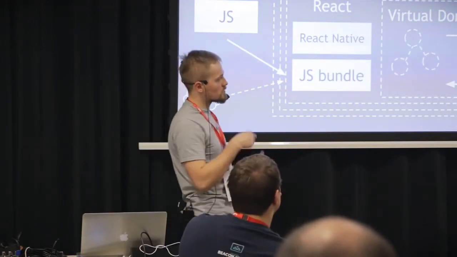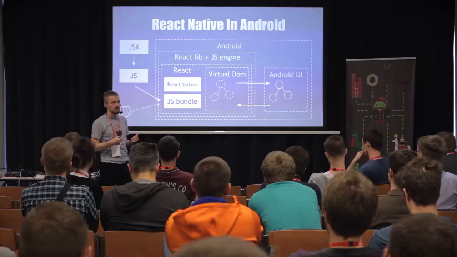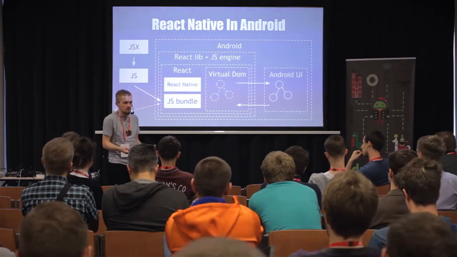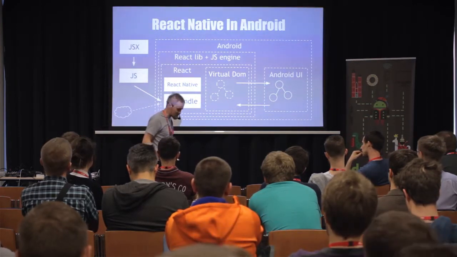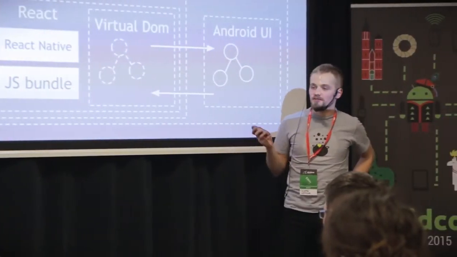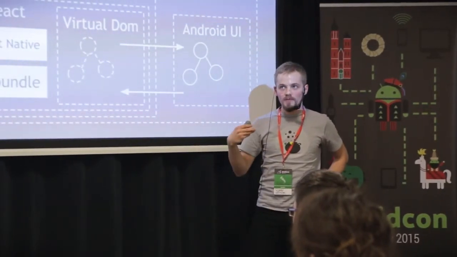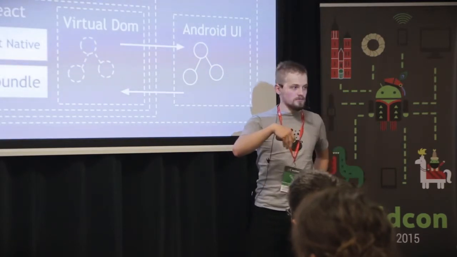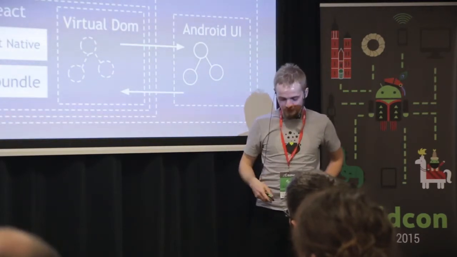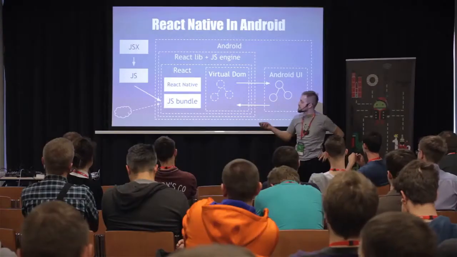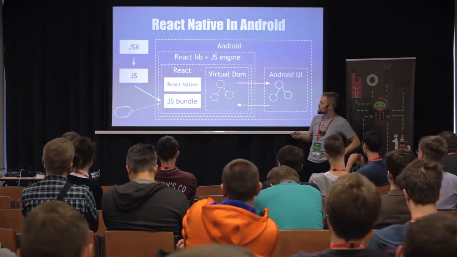In that case, we can start A/B testing and such, which was not enabled in the mobile world because the time it took to re-download, spread and update the app was too long. So we can just fetch the bundle, and that's all.